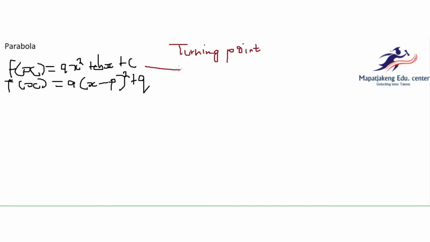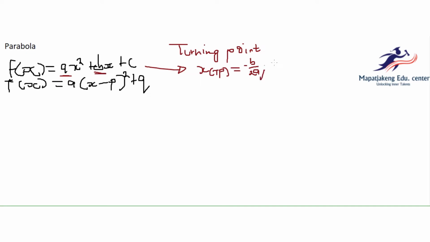In this form, to identify the turning point, you get the x value of the turning point, TP, by using the formula minus b over 2a. Where do b and a come from? Here is your a, here is your b. You substitute here and get the x value of the turning point.